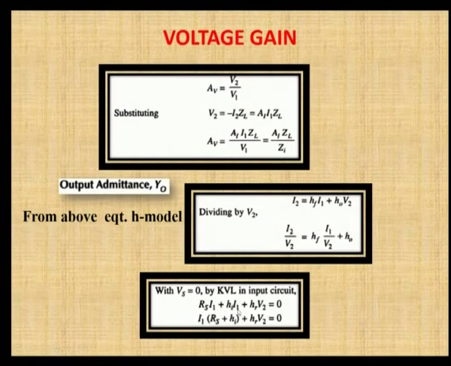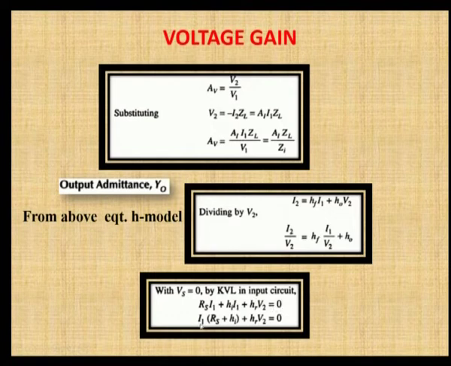So, by Kirchhoff's voltage law, you are calculating Rs I1 plus Hi I1 plus Hr V2 equal to 0, and that is we are assuming the voltage source equal to 0 here. That is only the drop across the resistances we have considered here, that is equated to 0.